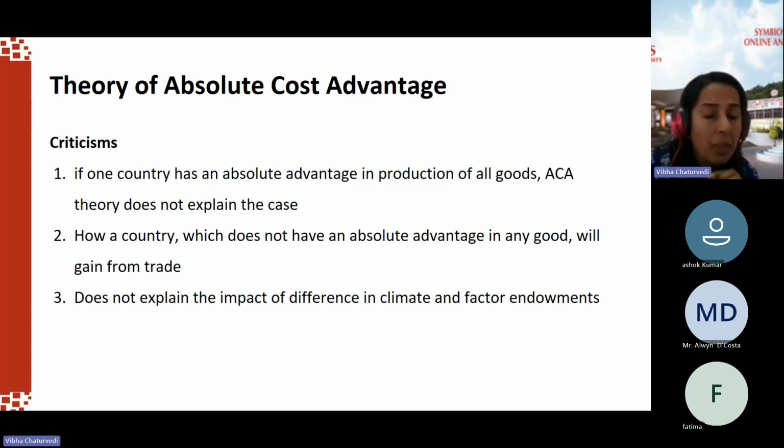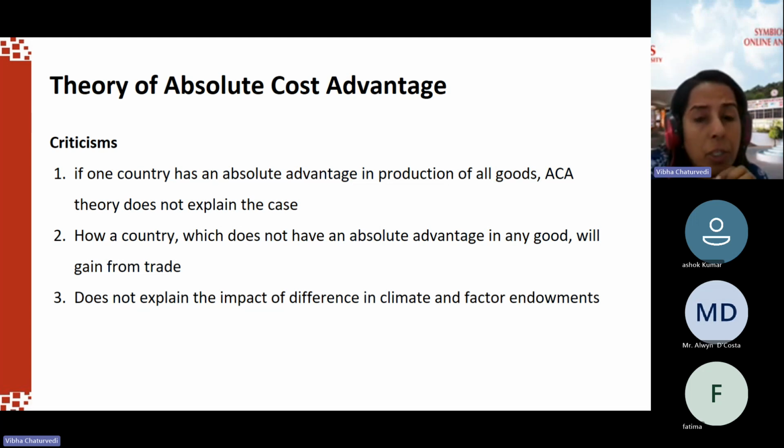Howsoever, we do see this apply in the case of countries like Africa, which have an absolute cost advantage in mining and in the production of certain fruits and fruit juices. That continent is very high in some precious stones like diamond, gold and platinum, and is considered to be the world's largest repository of these minerals or ores.